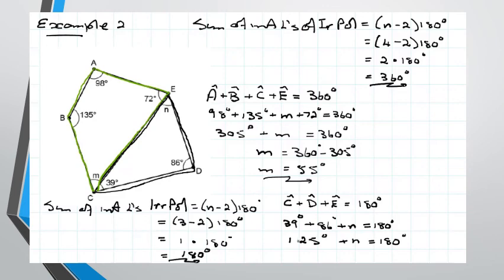Minus 125 on the left, minus 125 on the right. So I'm going to end up with N equals 180 degrees minus 125 degrees. And that's going to leave me with the answer then of 55 degrees for the symbol N.